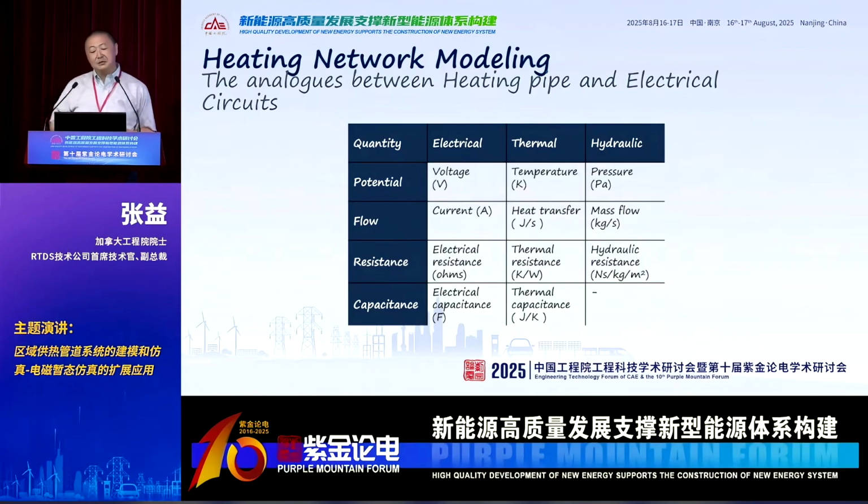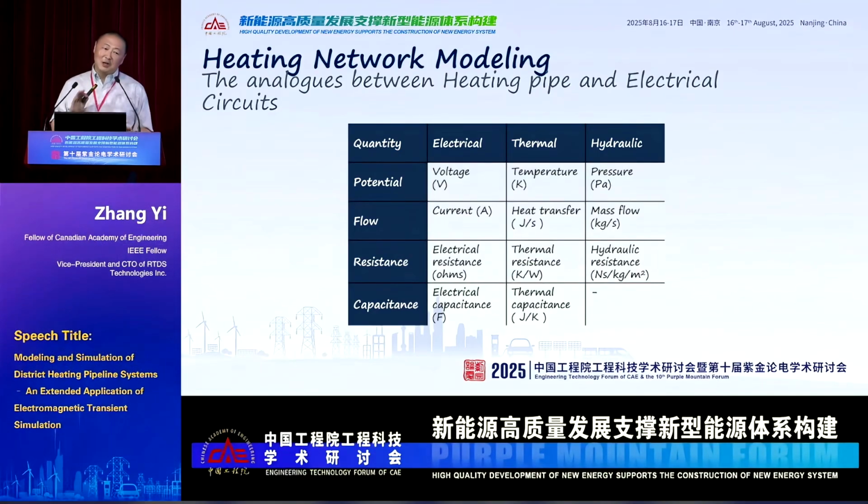It is interesting that if we compare the heating system and the power system, they are kind of similar.